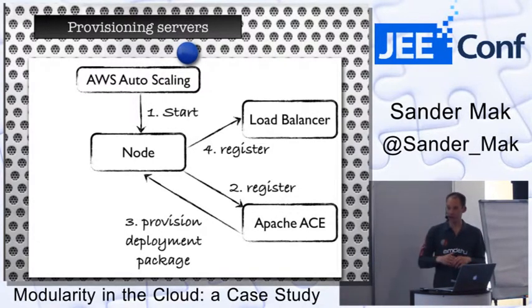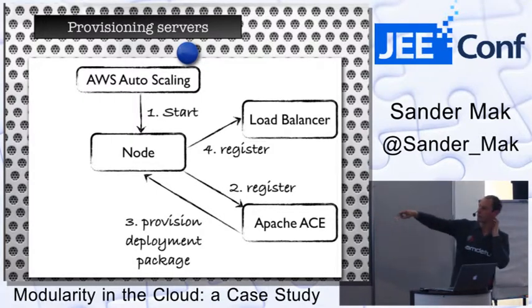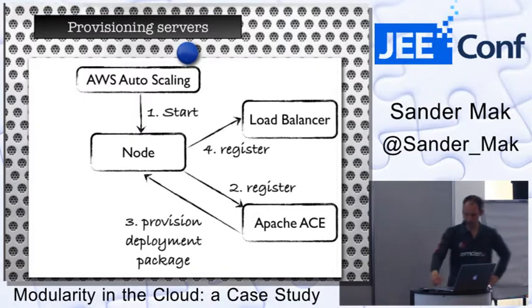We create a release, which means that we create 190 bundles, like I said, that belong together, that create a running system. And we provide it to ACE, and ACE automatically takes care of distributing this to all the nodes that are managed by ACE.